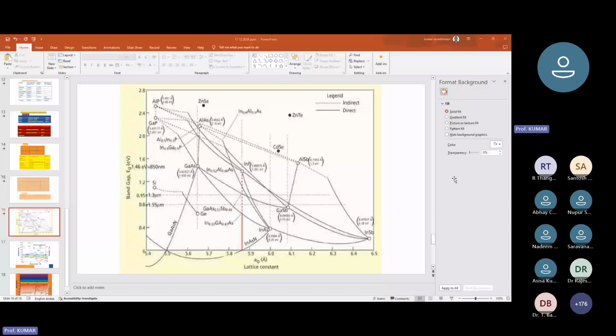Whereas you, by and large, because there are a lot of youngsters here, you must realize. Sir, excuse me, sir. Yes. Sir, slide move out, sir. Slide is not moving. We are not able to see the slide, sir. One second. Now are you seeing? Sir, we are seeing only the plot between lattice constant and band gap, sir. Okay.